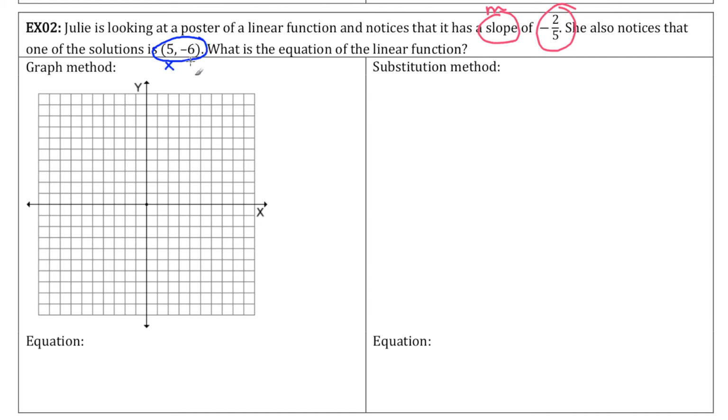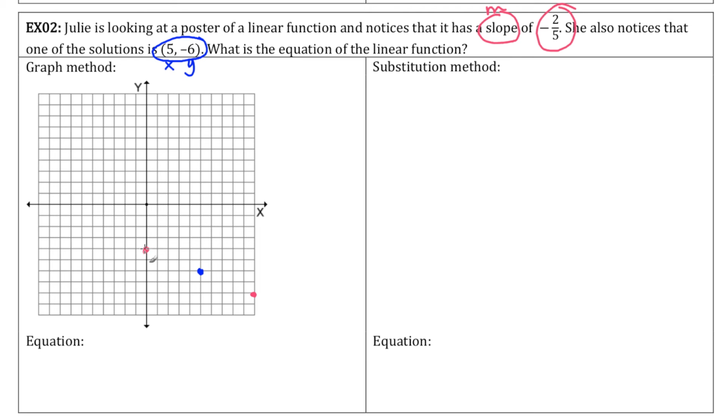This is our x and a y. So let's start at 5, -6. Count 5, and then -6. That is my initial point that it gave us. Now I need to use the slope of -2 over 5. We can tell that this isn't helpful, so we need to go backwards. Up 2, left 5.